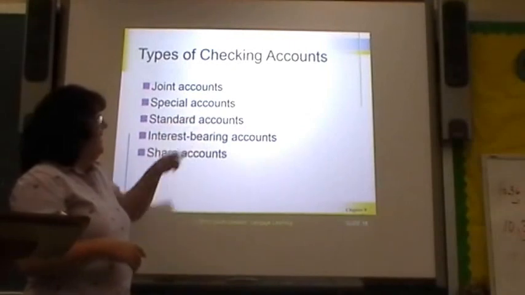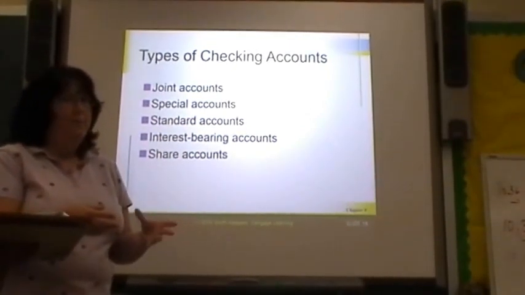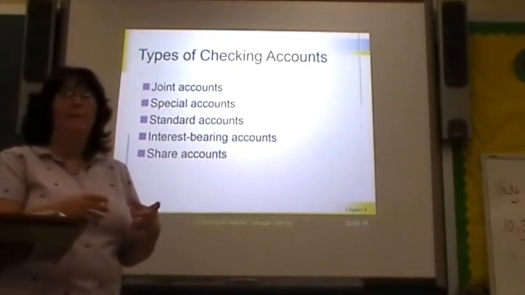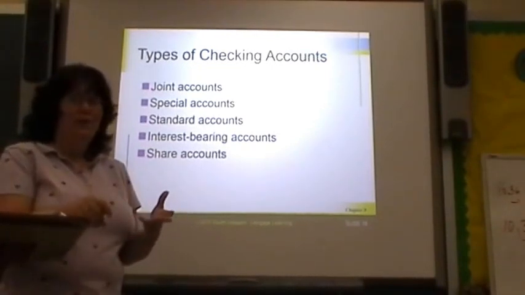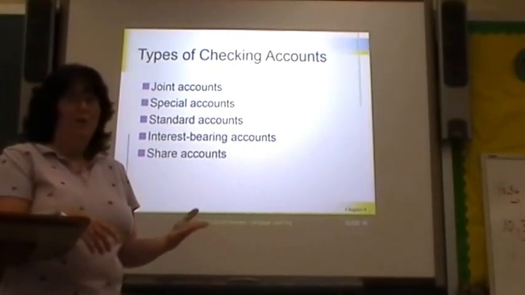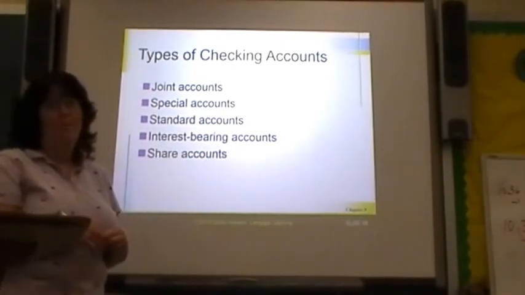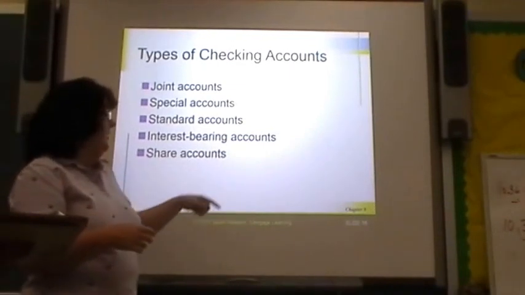Yes, special accounts, again, using the church example, that would be something that maybe they don't write a lot. Maybe it's a building fund account that they don't write a lot of checks out. They mainly deposit and try to grow. Interest-bearing accounts, which I mentioned to you in the last video lesson, and share accounts.